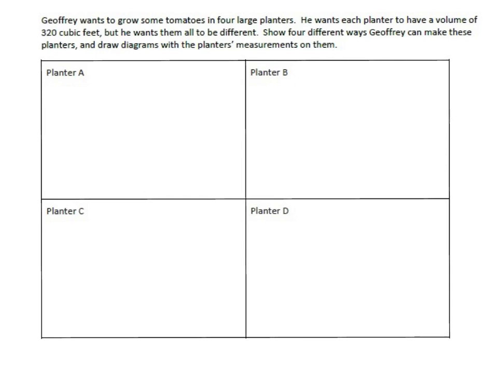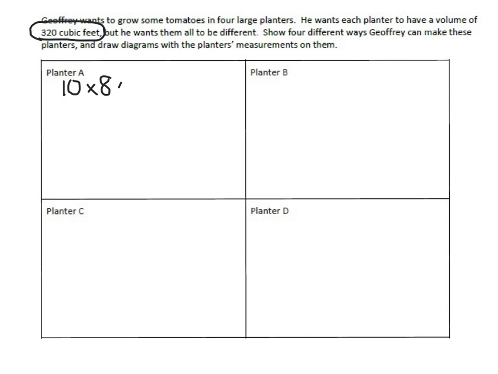In each case, the key is we need to get 320 cubic feet of volume, and so we're really looking for factors of 320. Well, that 0 at the end really stands out to me, so I know that I could do something that is 10 with a base of 32. How can I get 32? Well, lots of ways.